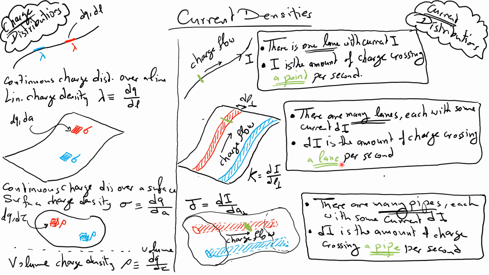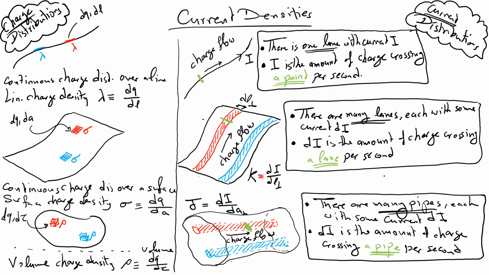And you can define a quantity by looking at delta I by delta L perpendicular, and taking the limit as delta L perpendicular tends to 0, to define something similar to sigma.